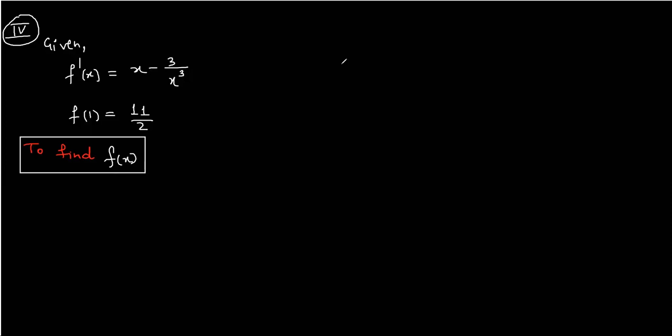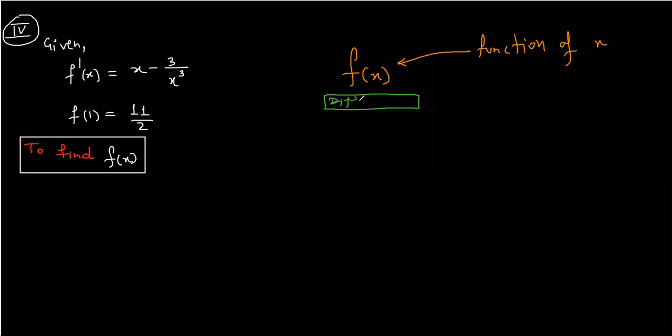Before I begin with the solution, I would want you all to see this. f of x is a function of x. Now you all know, students, that when you differentiate f of x with respect to x, you get f dash x.